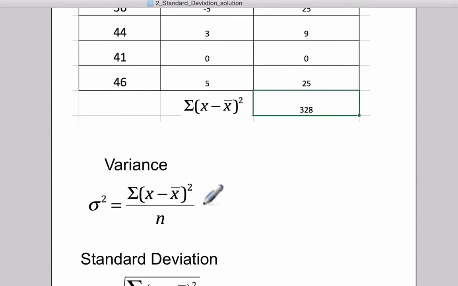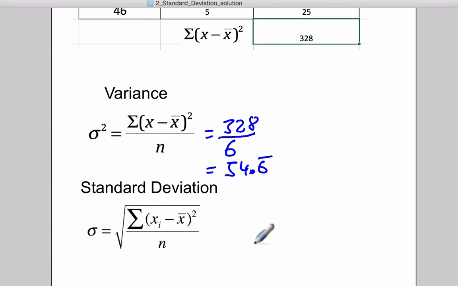So now this is equal to 328 divided by 6, which is equal to 54.6 repeating. And the standard deviation will be equal to the square root of the variance. So it's the square root of 54.6 repeating, which is equal to approximately 7.4.